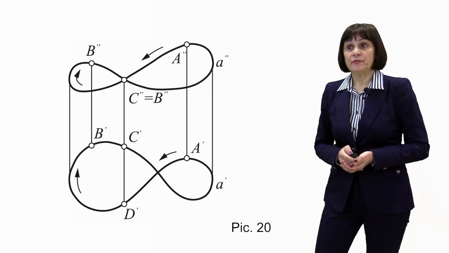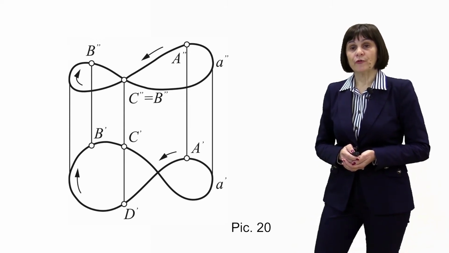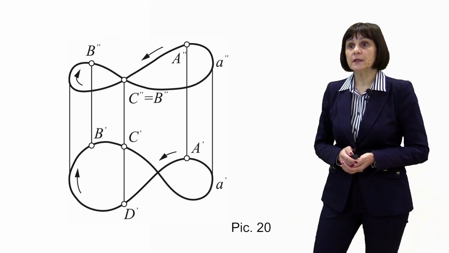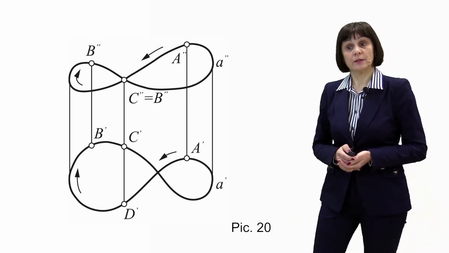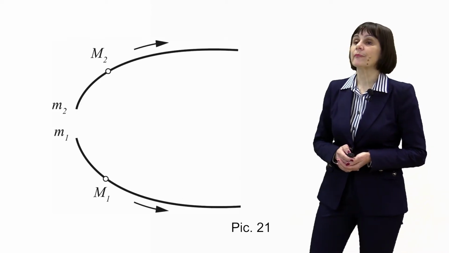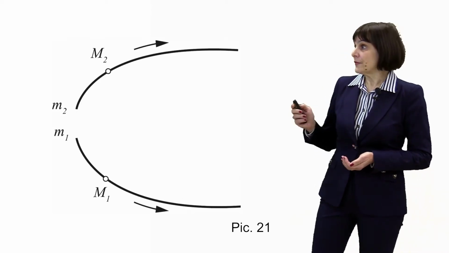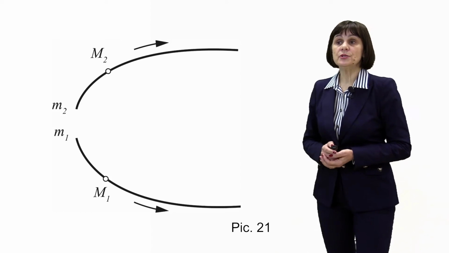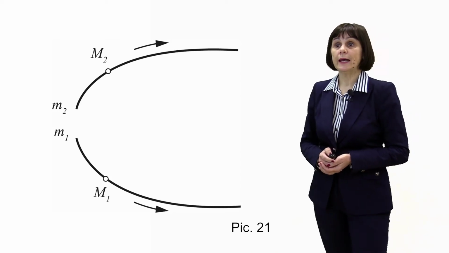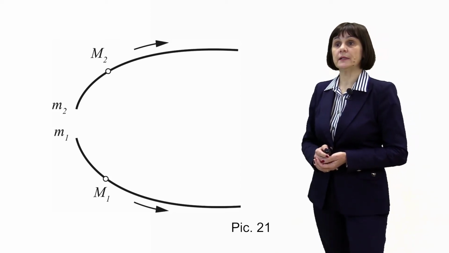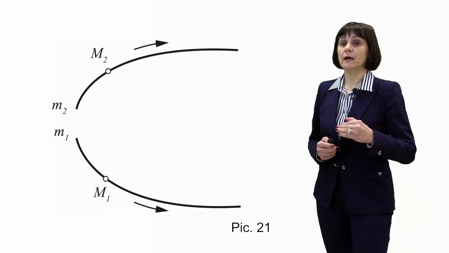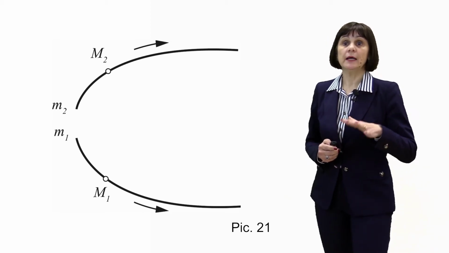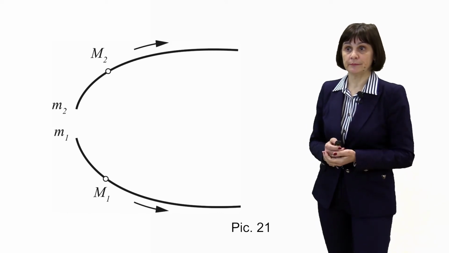In descriptive geometry, curved lines are studied from their projections on a complex drawing. On this drawing is shown point M, the capital letter M. We have two projection planes, the horizontal projection plane and the frontal projection plane.